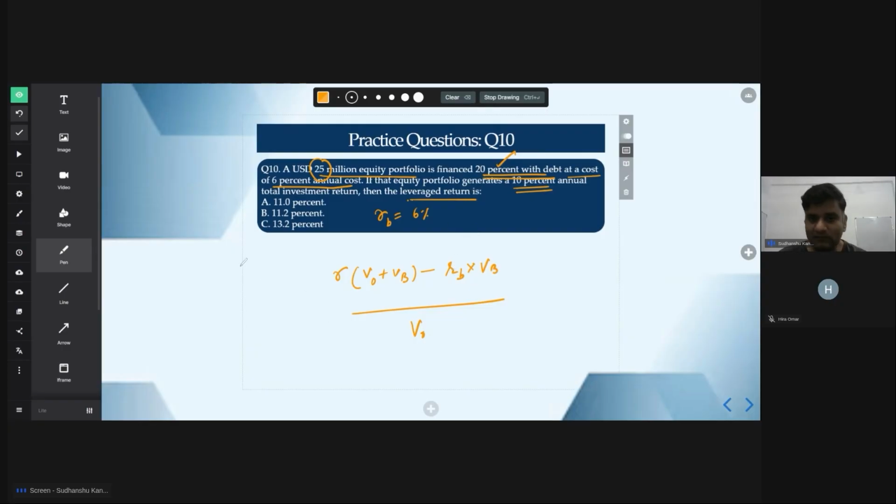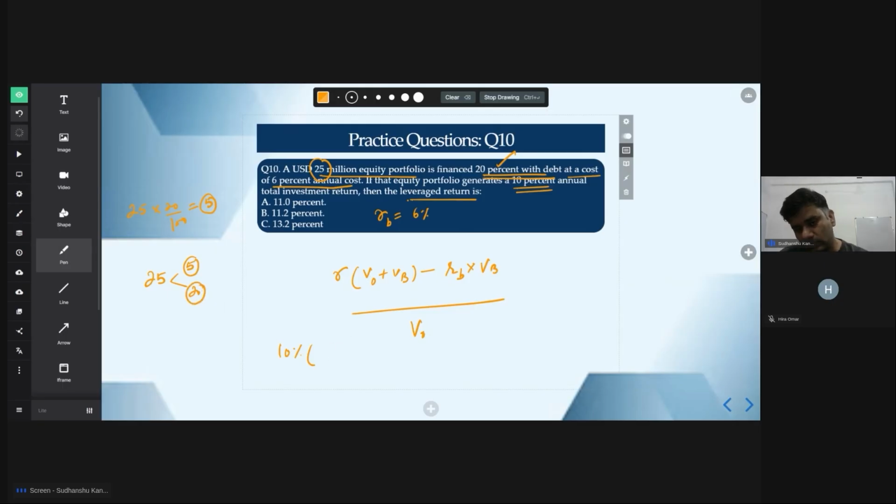Now, one way is that I take 20% of 25. If I take 20% of 25, it means 5 million is borrowed and 20 million is the original amount. So out of the 25 million portfolio, the borrowed amount is 5 and 20 is the unborrowed part.